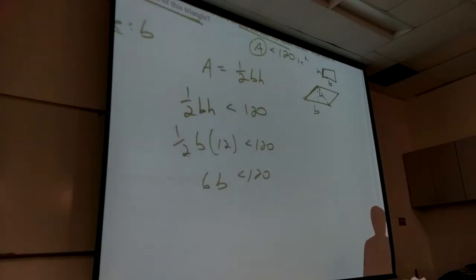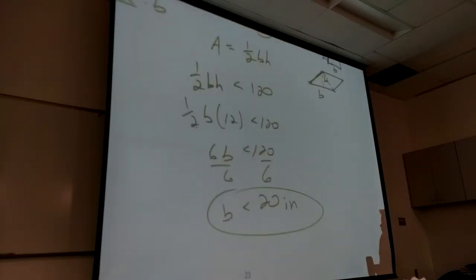Then how do you solve for B? Yep, divide by 6, divide by 6. So the base has to be less than 20 inches. So to keep the area of the triangle smaller than something, the base has to be smaller than something so it doesn't blow up to be too big.